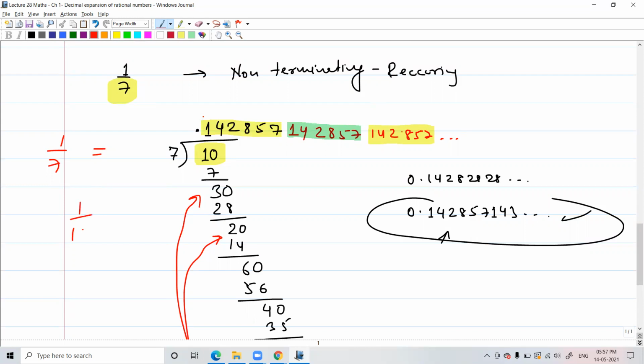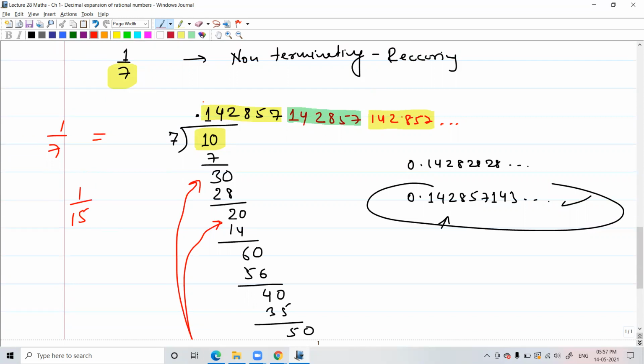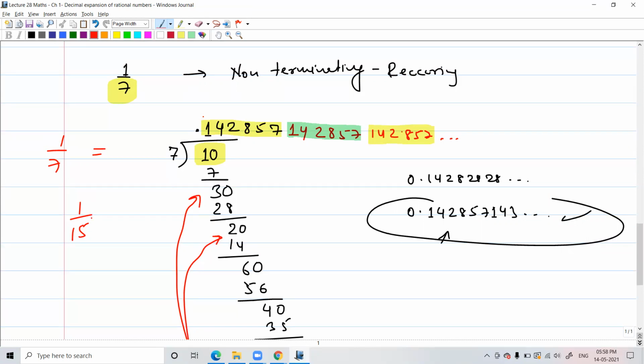If the denominator is 15, let's say, it will have a repeating block of up to a maximum of 14 digits. Maximum, not always. It may have up to 14 digits. So you should keep on dividing until you get to 14 digits to make sure whether it is repeating or not.